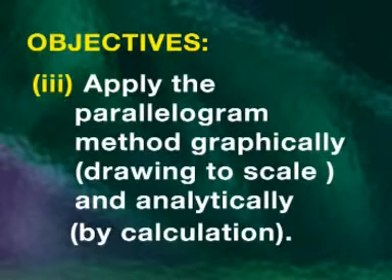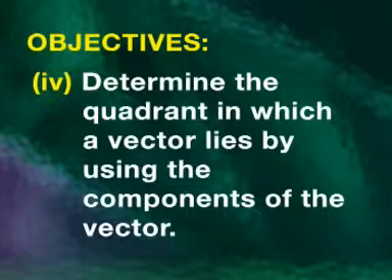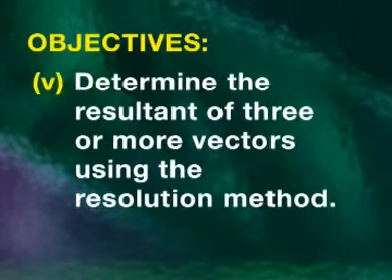Apply the parallelogram method graphically, that is, drawing to scale, and analytically, that is, by calculation. 4. Determine the quadrant in which a vector lies by using the components of a vector. 5. Determine the resultant of 3 or more vectors using the resolution method.